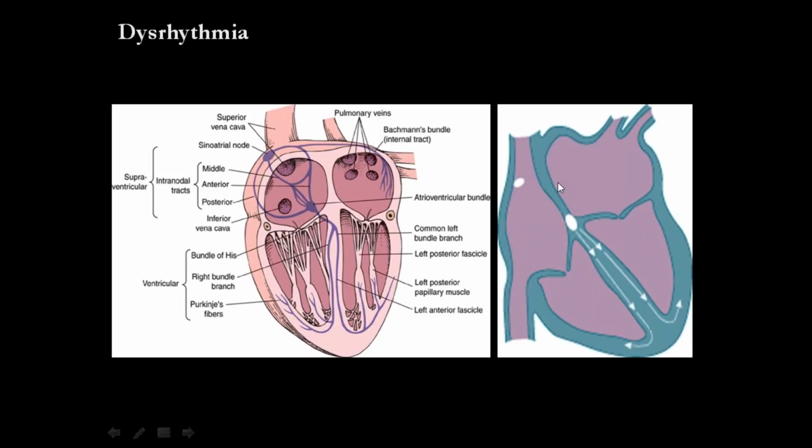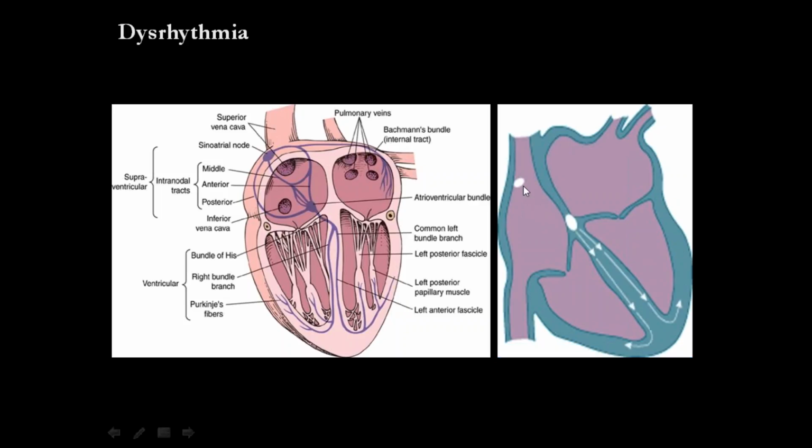Now, you have the atrial contraction, and the atrial contraction passes the electrical impulses to the AV node. You can think that every electrical impulse going into the atrioventricular node is going to produce some ventricular contraction.